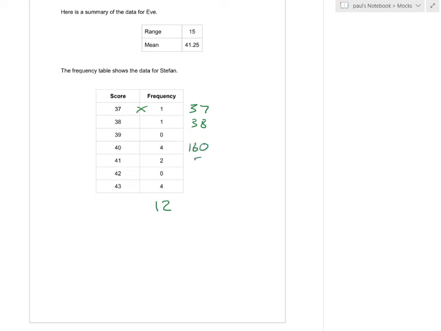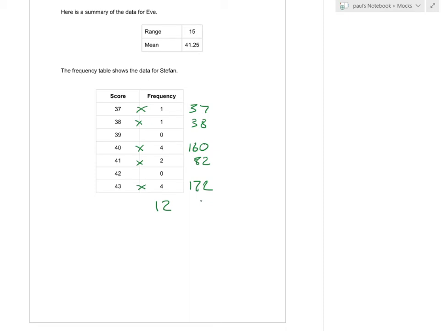2 times that is going to be 82. And 4 times 43. So 43 times 4 is 172. So let's add all these up together.